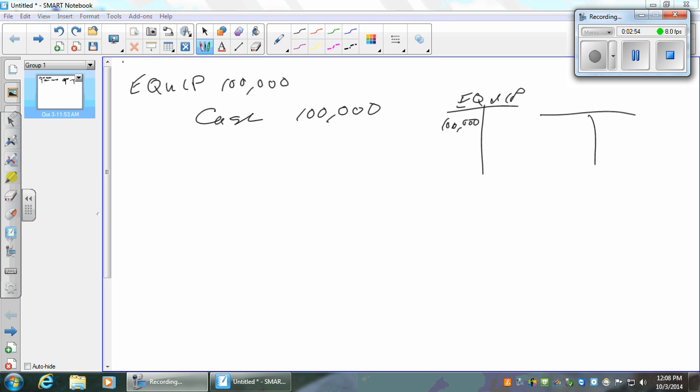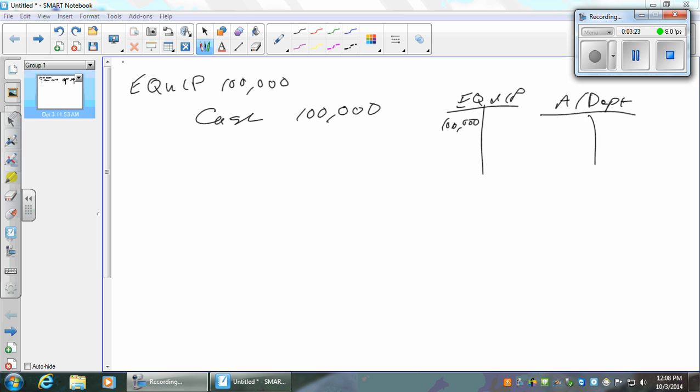Accumulated depreciation. Accumulated depreciation is the portion of the equipment that I have used up, right? That's that contra account that goes on the balance sheet. It's just like accounts receivable less allowance for doubtful accounts to get net realizable accounts receivable. We just did that a couple of chapters ago.